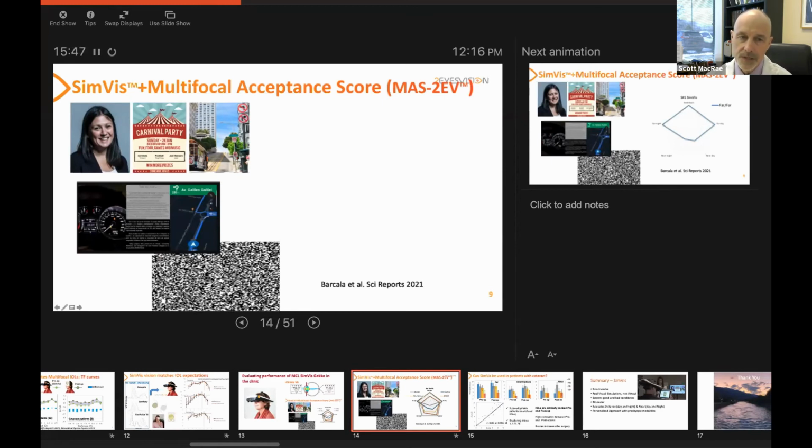There's an image of a face, which is basically multiple spatial frequencies, high spatial frequency, low spatial frequency. And similarly, they use a high spatial frequency carnival party image, and an image from San Francisco streets showing a streetcar. And this shows you what you see with all different levels of contrast sensitivity and spatial frequency.